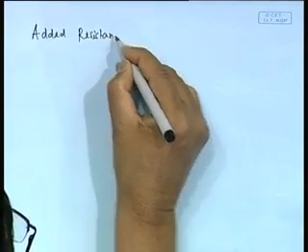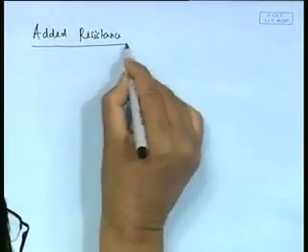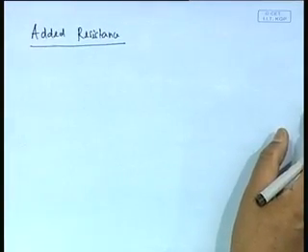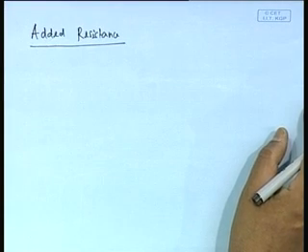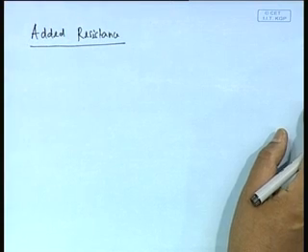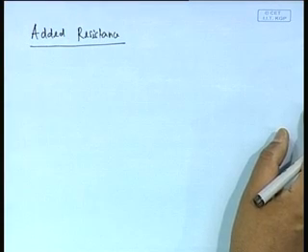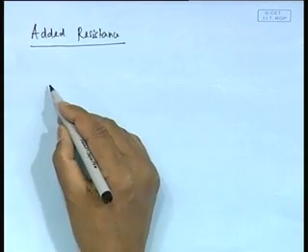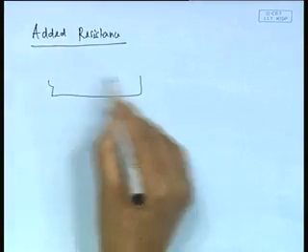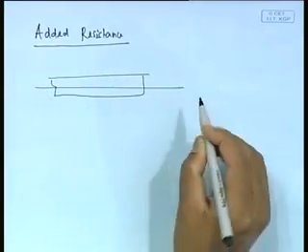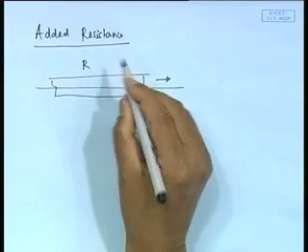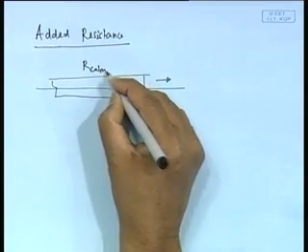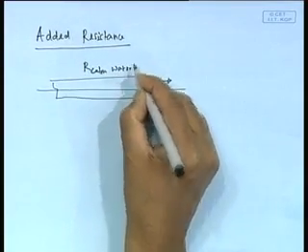I will continue on this added resistance tomorrow, in the next class also, but I just want to tell you today some idea regarding this added resistance. What happens, see here, if you have a ship going in calm water, we have an R calm water, that is your resistance.